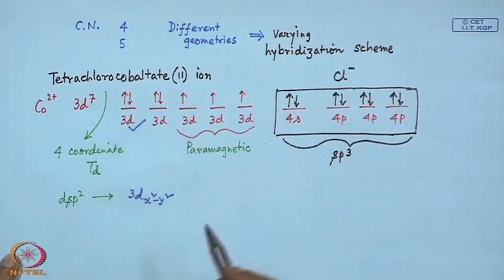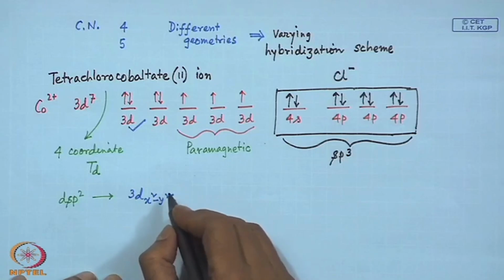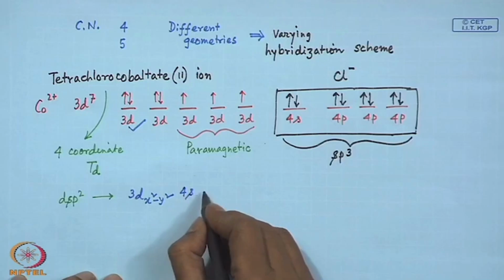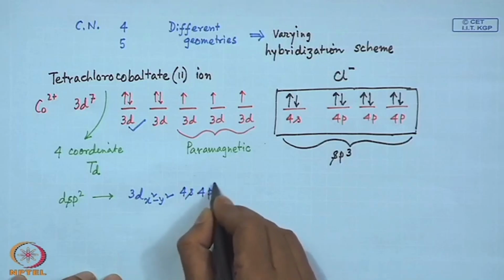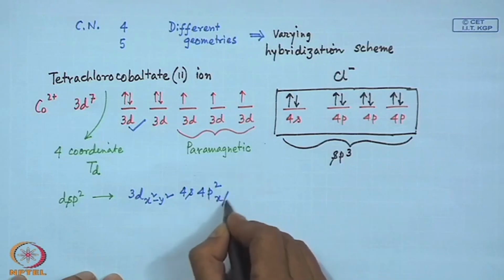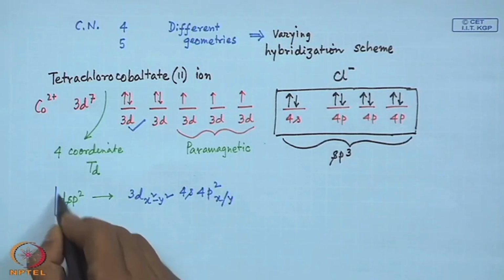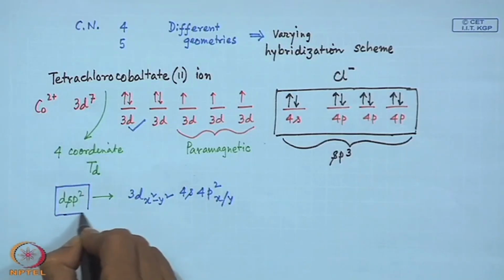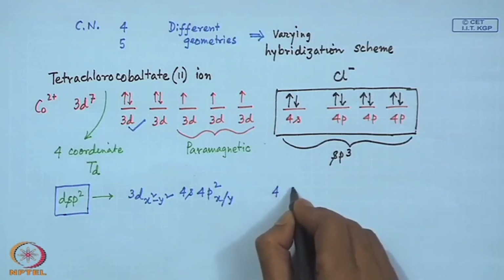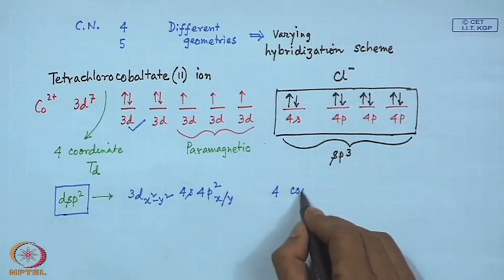So one of the d levels is now utilized for hybridization, then 4s is utilized, and 2 of the 4p levels, that means x and y, giving rise to a hybridization scheme for dsp2, which is therefore 4 coordinate again, but is completely different from the tetrahedral geometry.